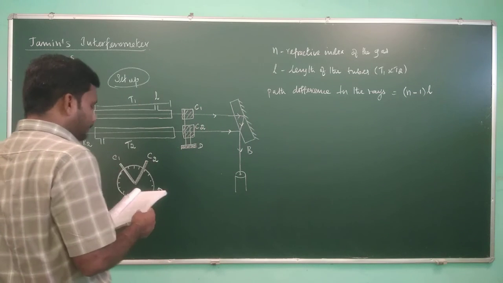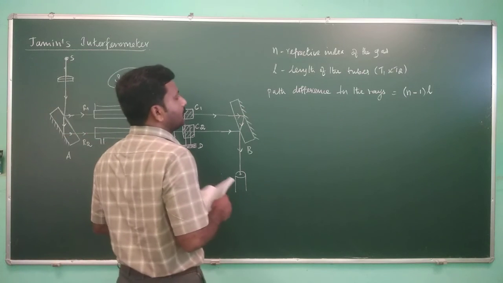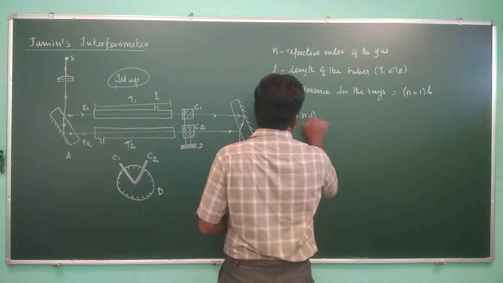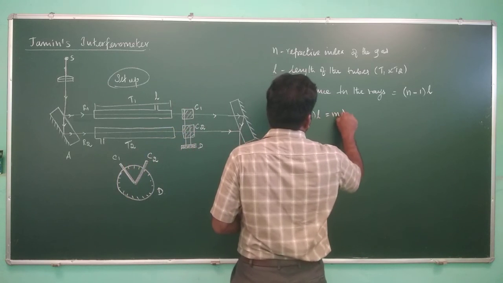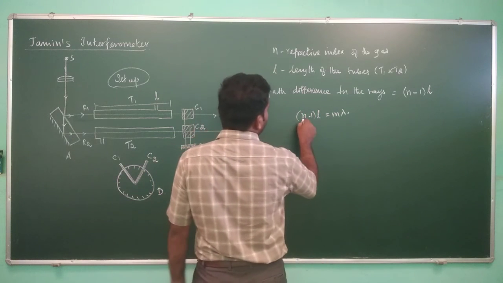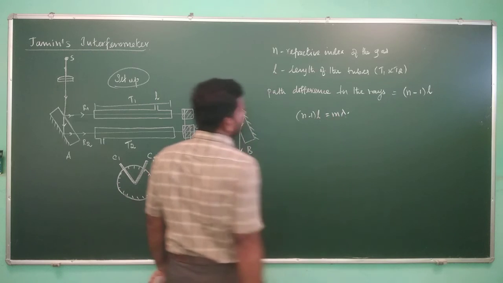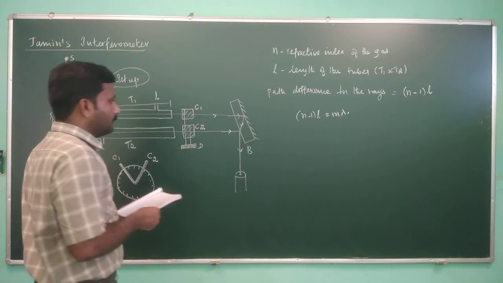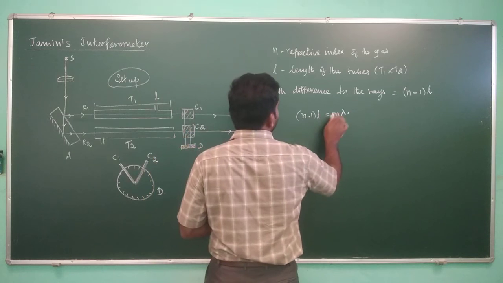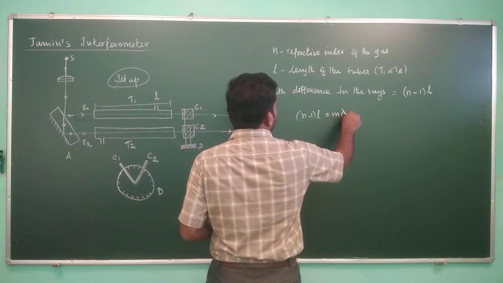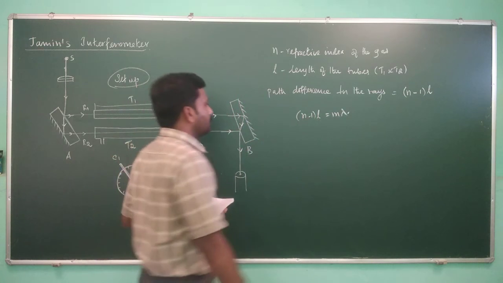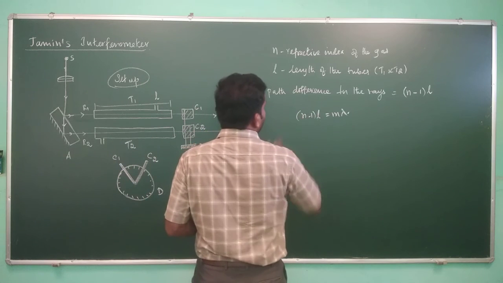Now for the bright fringe, we can write (n minus 1) L equal to m lambda. If we know L, m and lambda, where m is the mth fringe, lambda is the wavelength of the light source, and L is the length of the tube, then we can write the refractive index.